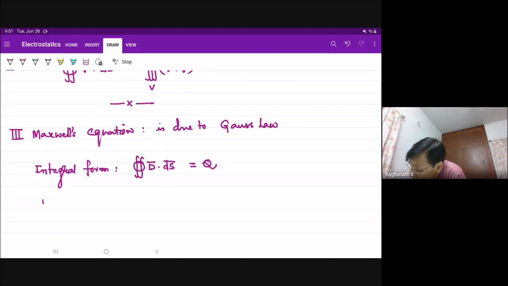Next, point form. This is what is important for us. For the sake of development of waves, talking about solutions, formulation of wave equations, we take any point, and the way in which the field quantities are related is the wave equation.